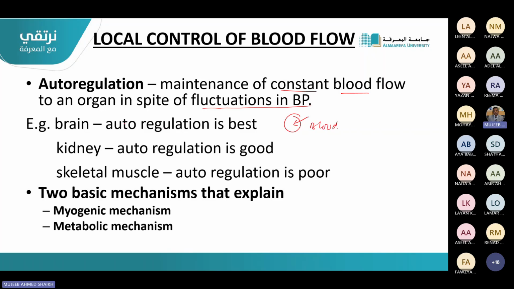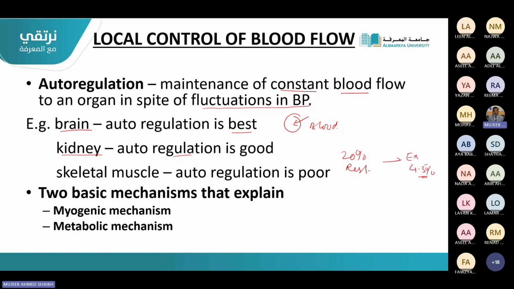Autoregulation is found best in the brain because in any condition, the brain will receive the same amount of blood flow. Whereas in the kidney, you have seen it was, let's say, 20% in the resting condition, but during exercise it will become 4% or 4.5%, right?